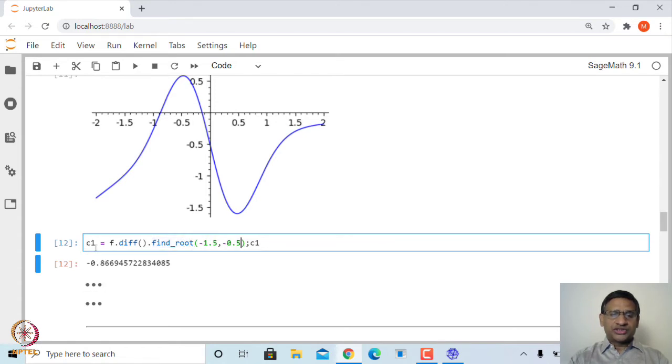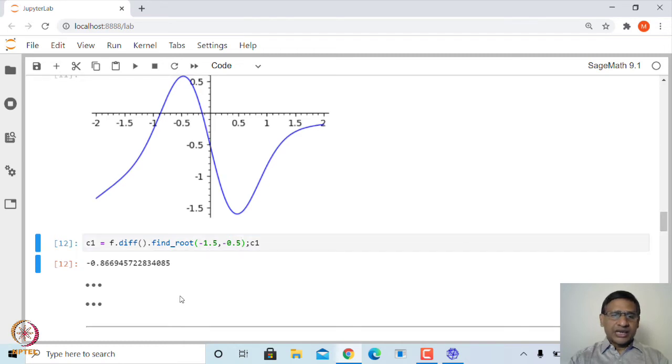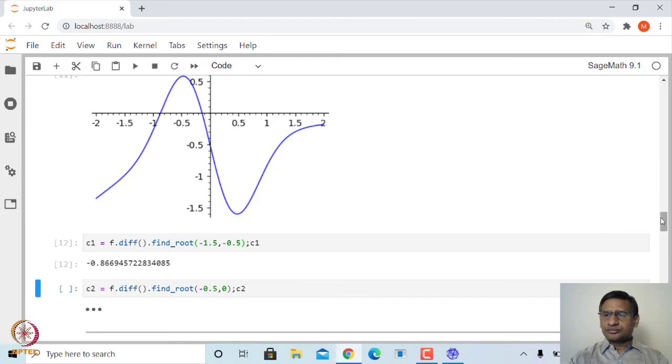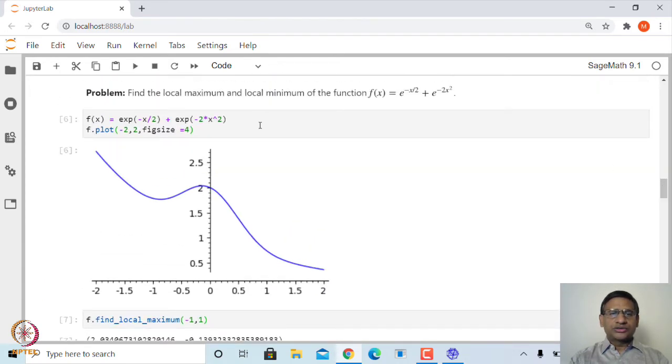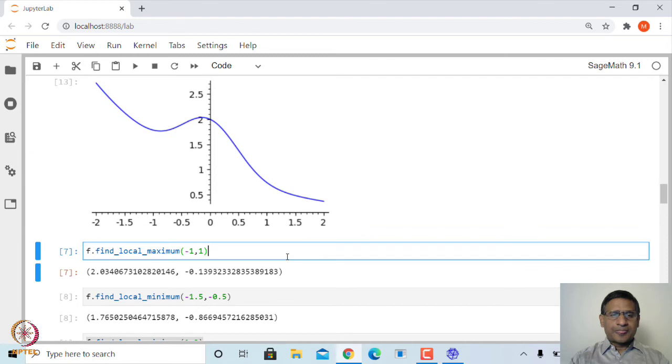So, this is the first critical point, where the derivative is 0, that is the negative of 0.866, and this is the point of local maximum. Just a second. So, this is f of x, let me run it once again.